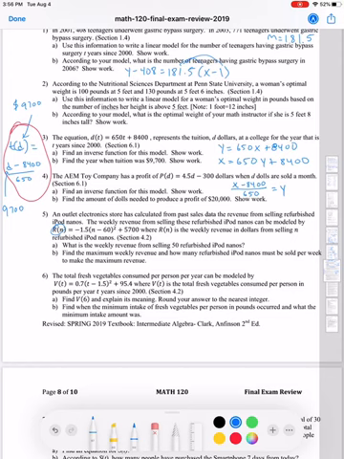R of n is the weekly revenue in dollars from selling, and then N is the refurbished iPod nanos. So where are you guys going to plug in 50? You plug in 50 here and figure that number out. Just do your calculations. 50 minus 60, negative 10, square it, and so on and so forth.